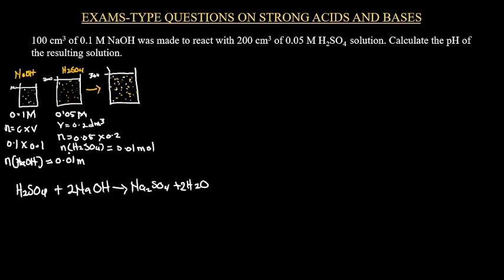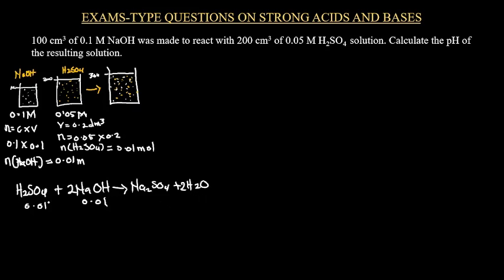Now we know that the mole of sodium hydroxide that reacts is 0.01. So initially we had 0.01 mole of sodium hydroxide, and we also have 0.01 mole of H2SO4. Remember, these are the initial moles of the reactant species. At this time, we are not going to have any of the products in the solution. So we say this is initial.